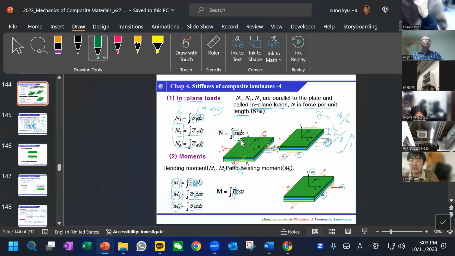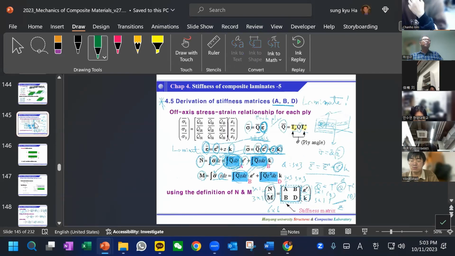This laminate, and this is the definition of in-plane load and stress, and the moment and the stress times Z. And then each will have a, it looks very complicated, but the point here is that this is the final form, ABD.